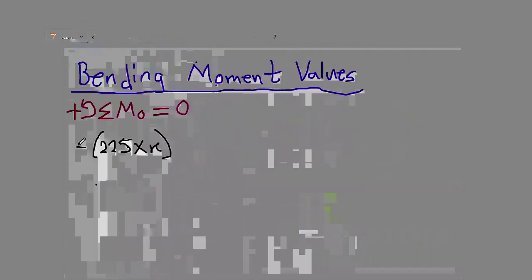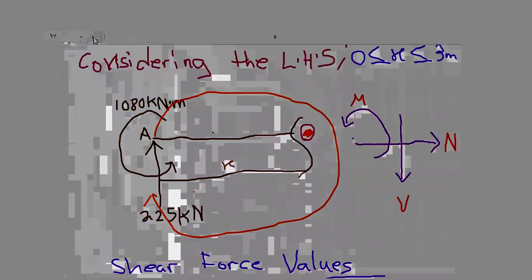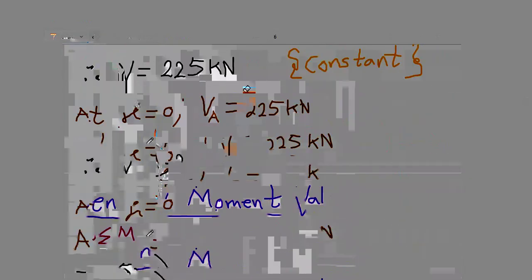And we say all clockwise moments are negative. So that is why I put a negative over here. Good. We are done taking this moment. That 225 is going to multiply X. That is why I've written that over there.